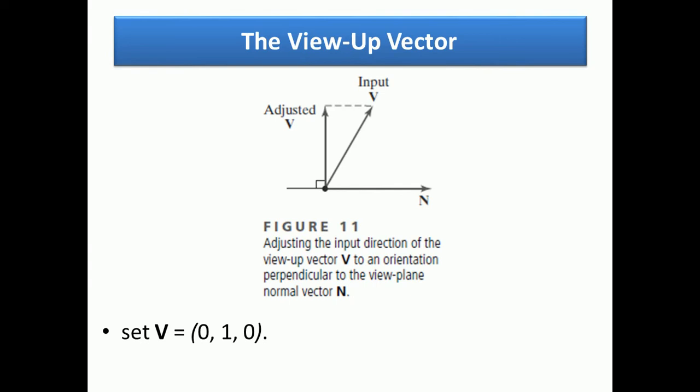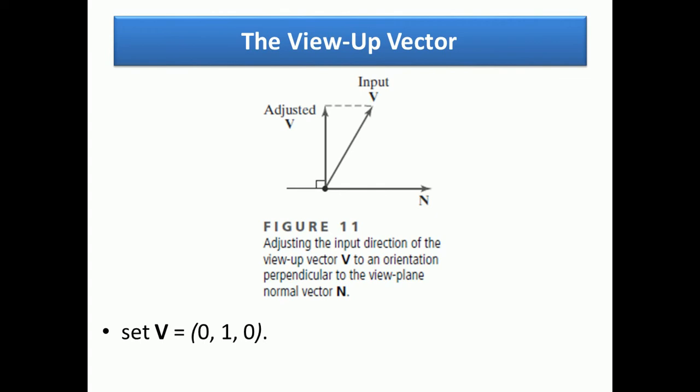So in this figure you can see that V and N are perpendicular to each other. So we can choose any direction here for the view up vector V, so long as it is not parallel to N, and so that we can easily adjust V so that it is perpendicular to N, right?